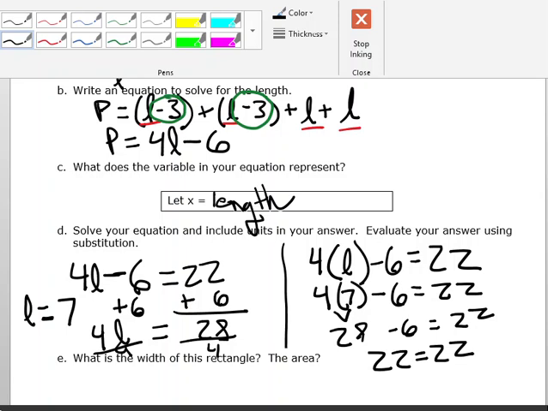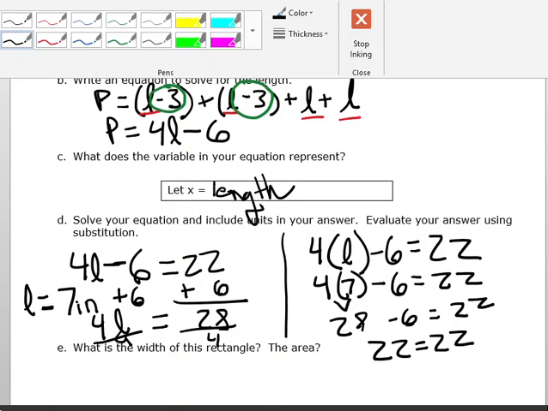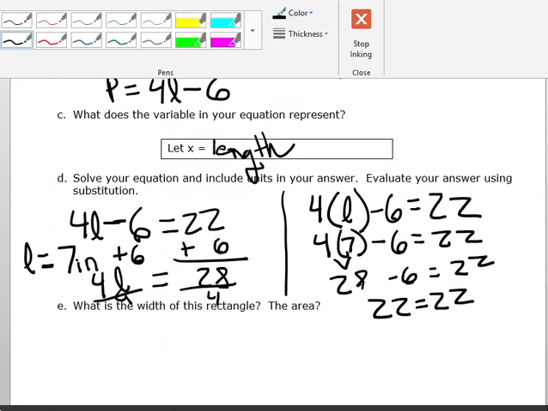So the length, because it says make sure to include units, the L is 7 inches. The length is 7 inches. Now we need to find the width. Well, if my width is equal to my length minus 3, and I know that my length is 7, then my width is going to be equal to 7 minus 3, so my width is 4.